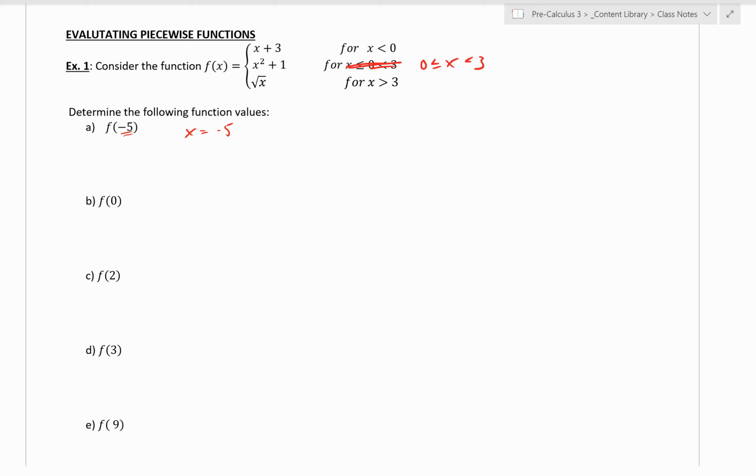Maybe if you're driving a tractor trailer, you have to be in this lane. If you have the good to go pass, you have to be in this lane. If you need to pay with cash, you have to be in that lane. As you approach the toll booth, you need to drive into the lane according to what type of vehicle you're in. So you can think of your vehicle as the domain, and the toll booth is this piecewise function where you can only go into certain pieces of the function.